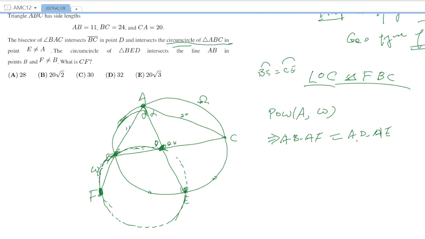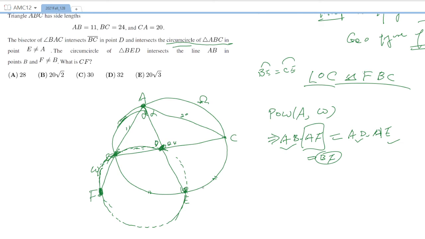We know AD is fixed, AE is fixed, AB is known, so we can solve AF. Once we solve AF, we can solve BF. Once we solve BF, we can solve CF, right? So that's how we analyze the steps, the approach we want to take.